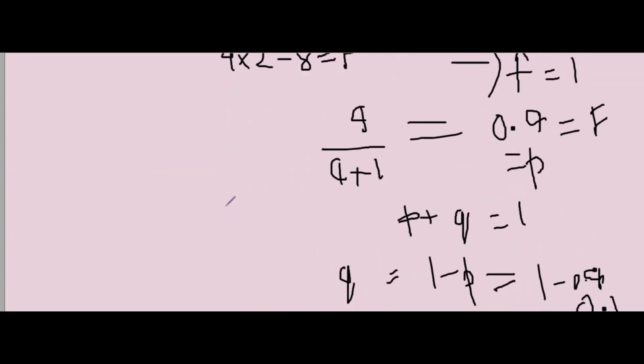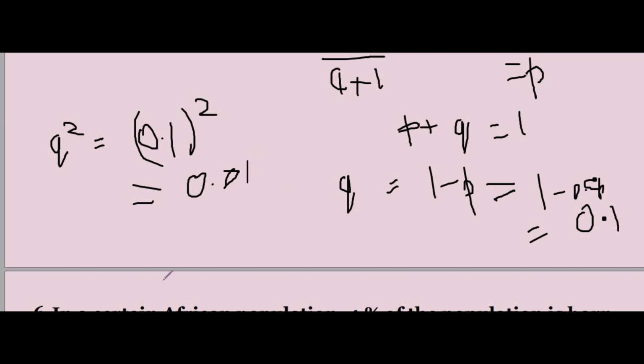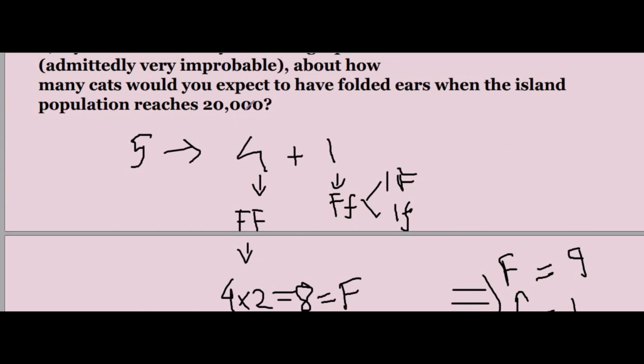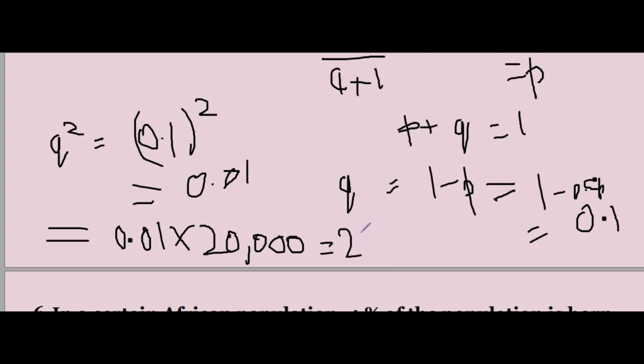For this again we first calculate q square, which is equal to 0.1 square, which will come out to be 0.01, and because the total population is 20,000, we multiply this value, 0.01, into 20,000, which will give us the value 200 cats.